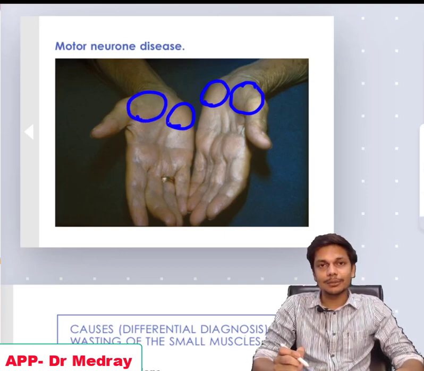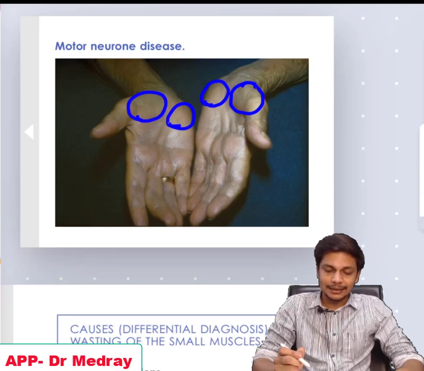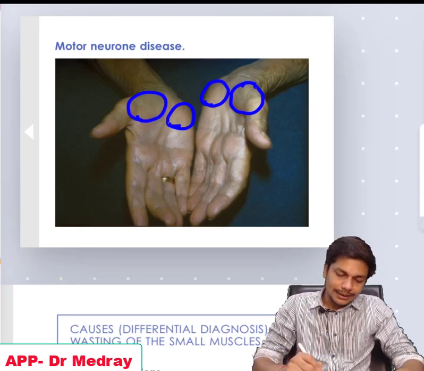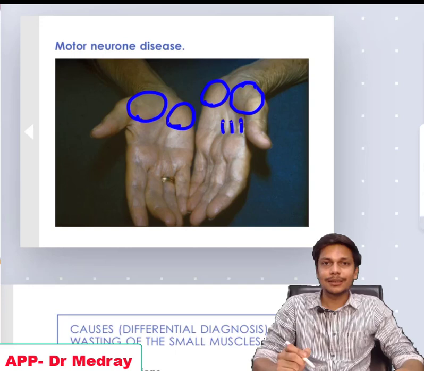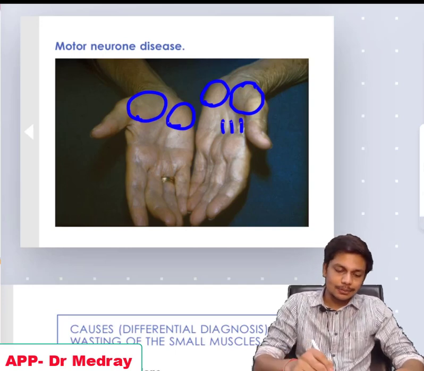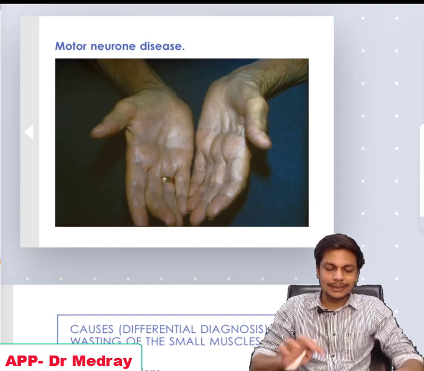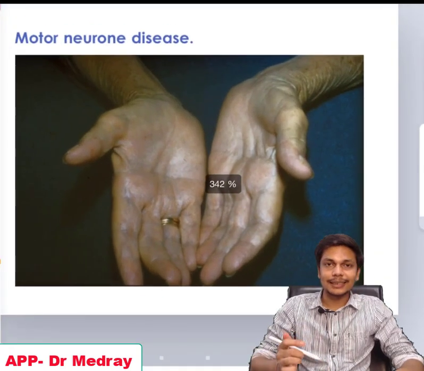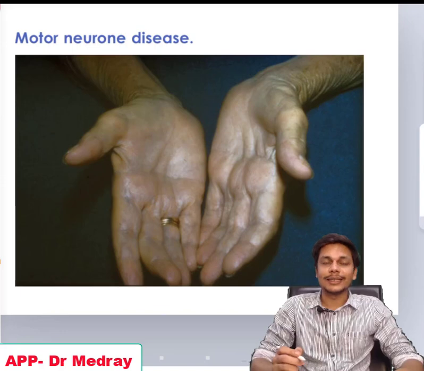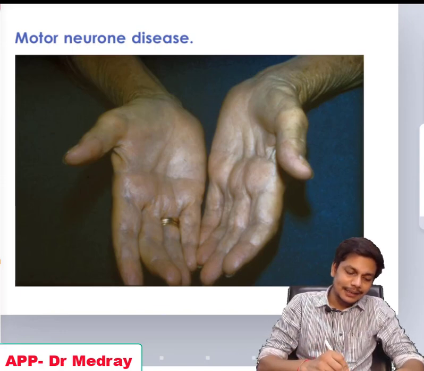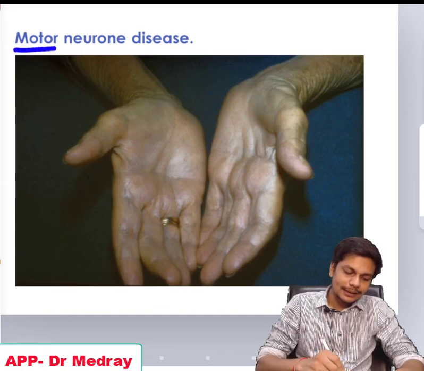You can see the tendons are visible here, and there is wasting of the muscle. When I remove this marking, you can see that there is wasting of muscle bilaterally in the hand. That is the wasting of the small muscles of the hand. It is classically seen in motor neuron disease.